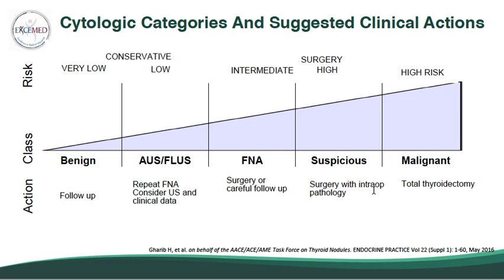But in the Philippines, for patients with suspicious or suspicious-for-malignancy FNA cytology, we recommend total thyroidectomy right away, because we found that in our population, our thyroid cancers are very aggressive. We want to minimize second look surgery.